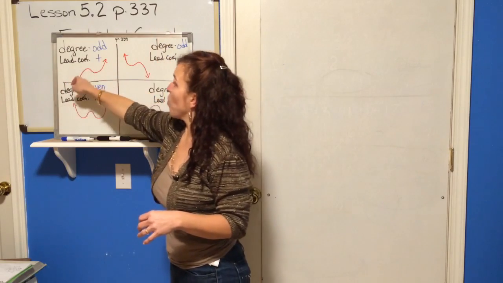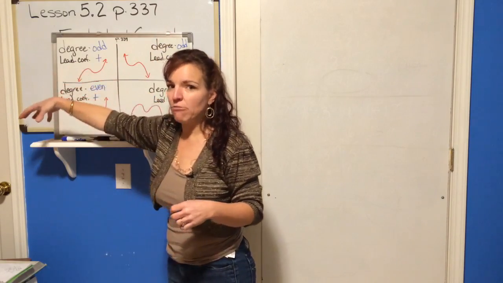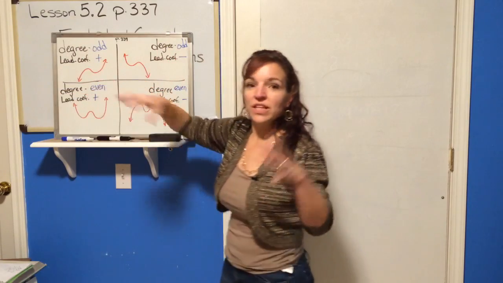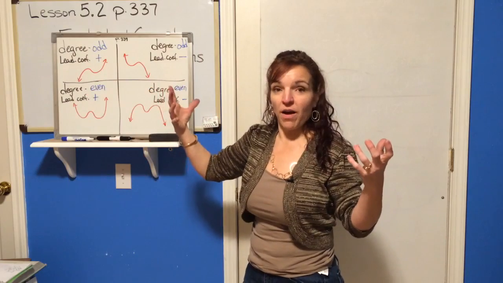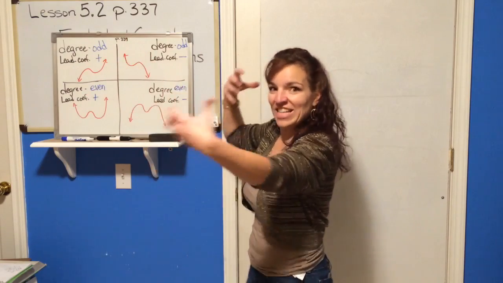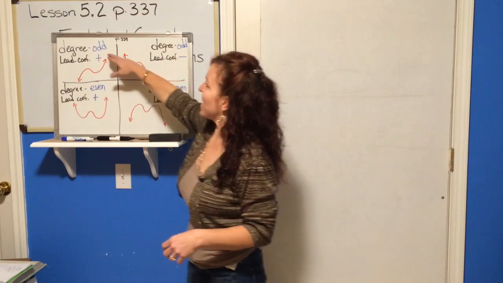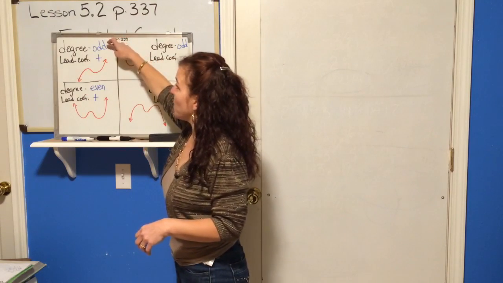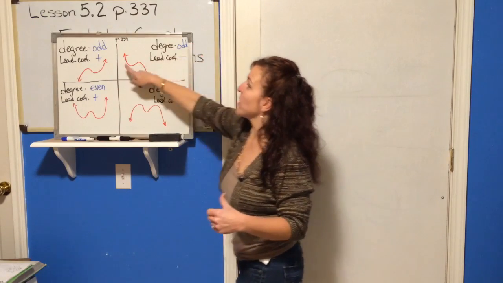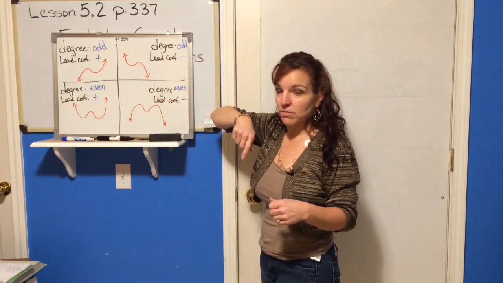So the left end is going to go down and the right end is going to go up. Now the number of turns is going to vary depending on your function. But you can know that if the degree is odd, you're going to have one end up and one end down.